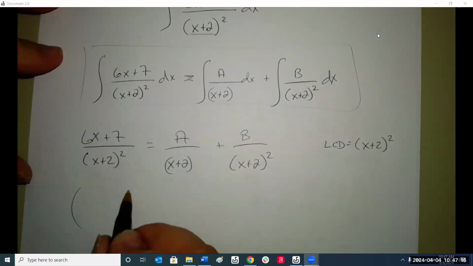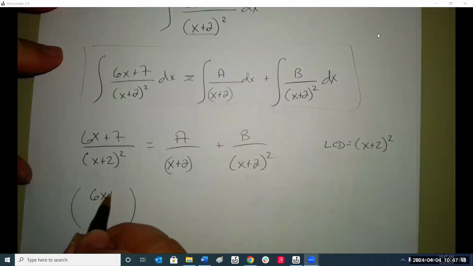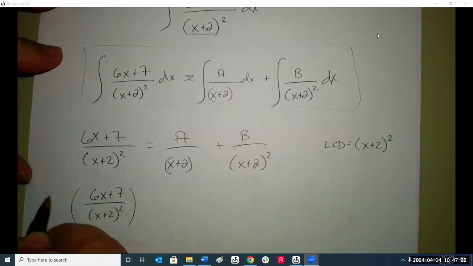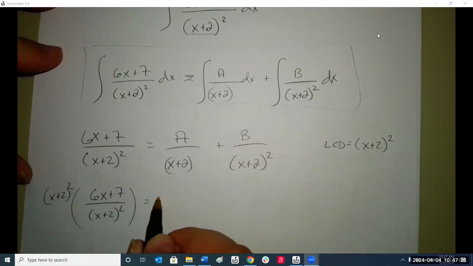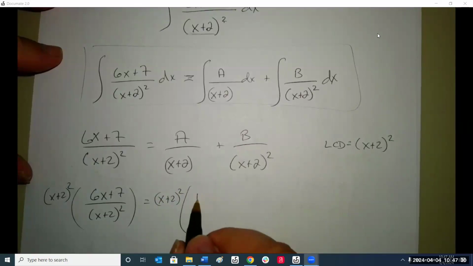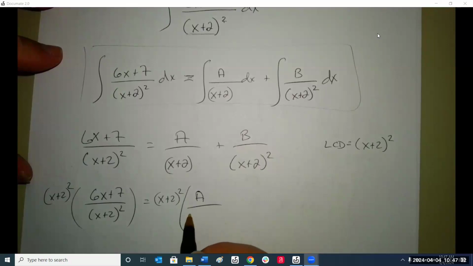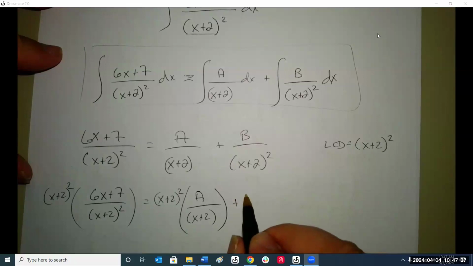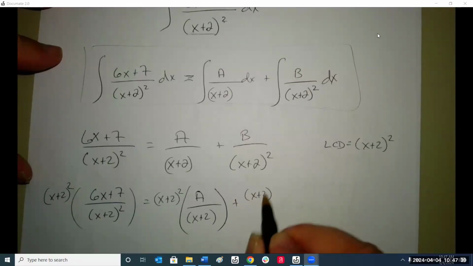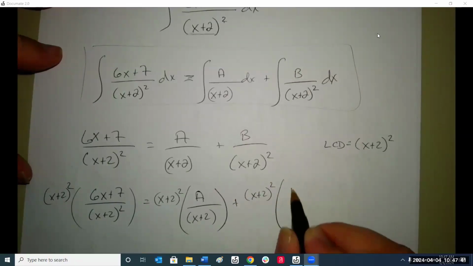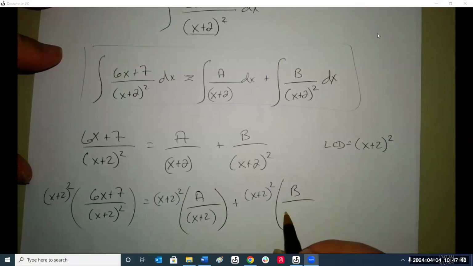If I multiply each of these terms by (x + 2) squared, I will get rid of the fractions and I'll be able to solve for A and B.